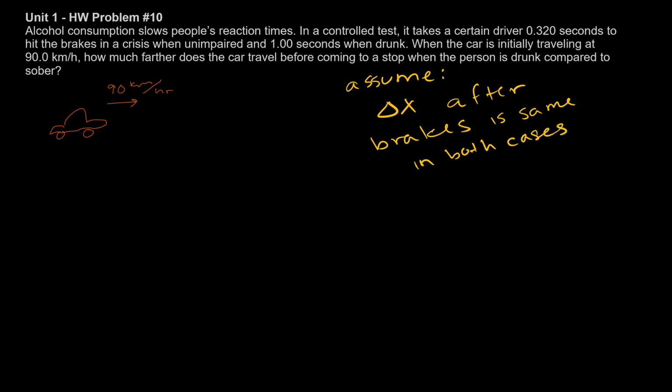Because they're starting at 90 kilometers per hour, they have some sort of reaction time. So this is the delta x for 0.32 seconds, this is sober, and this is our drunk driver here.